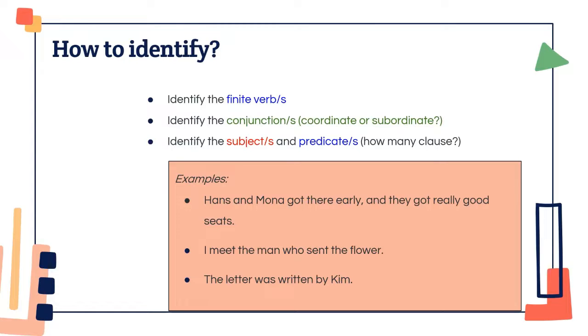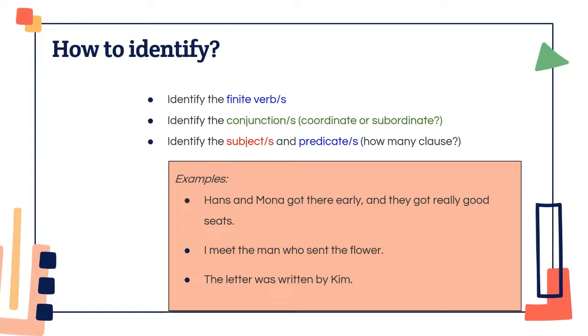I would emphasize three steps that we can apply in classifying or identifying a sentence. The first one is to identify the finite verbs. The second one is to identify the conjunctions, whether it has a coordinate conjunction or a subordinate conjunction.